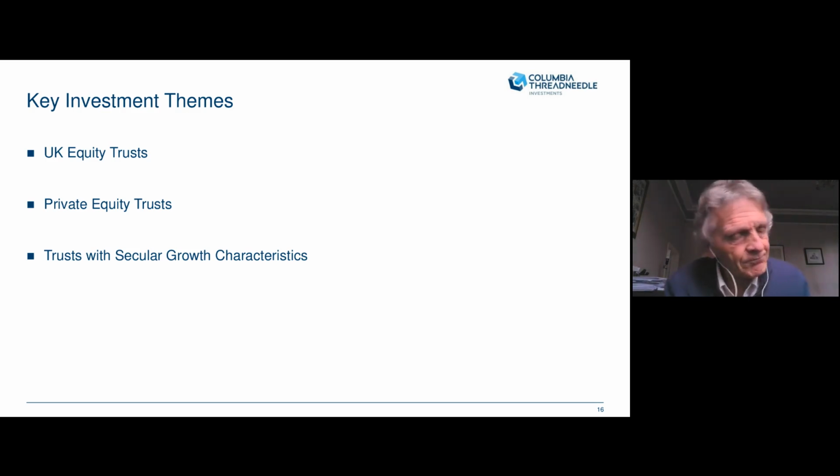And finally, the other key theme is trusts with secular growth characteristics. And what I'm talking about here are particularly those trusts with big exposure to technology, to some extent healthcare, biotechnology. Again, I'm going to mention them: Polar Capital Technology, Allianz Technology, and I think, very interestingly, Scottish Mortgage.